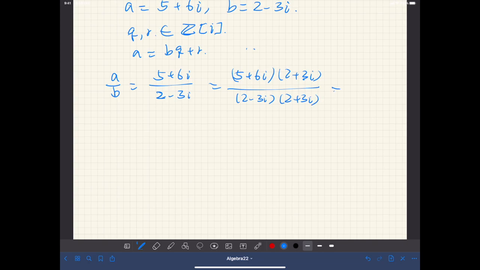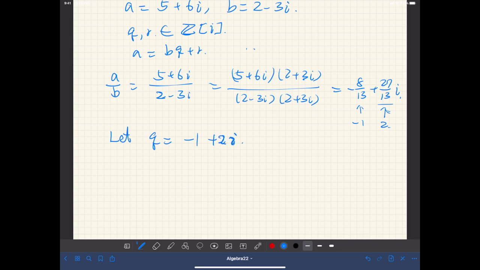After all, this should be negative 8 over 13 plus 27 over 13 i. The closest integer to the real part is -1, and the closest integer to the imaginary part is 2. So let us define Q equal to -1 plus 2i.